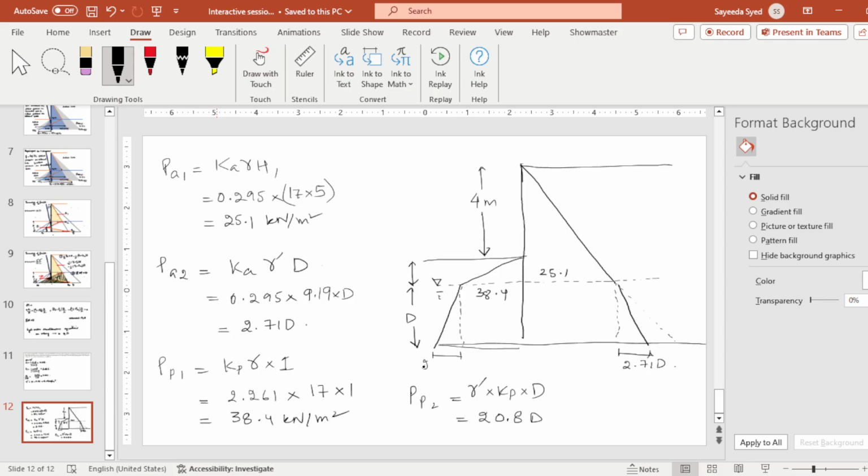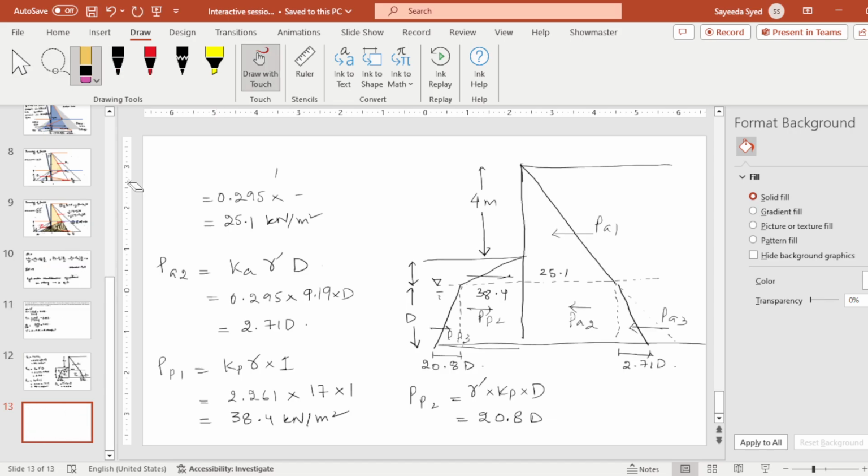Now what we will do is draw a table for taking moments, and we will divide the whole thing into 6 parts: 1, 2, 3, 4, 5, 6.